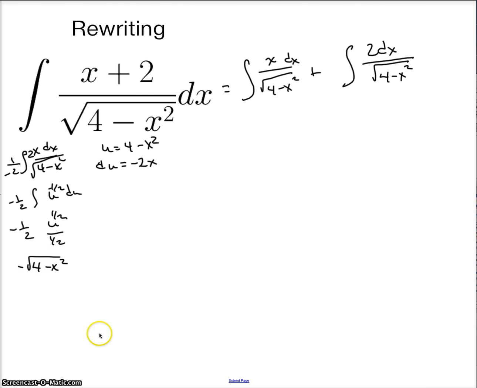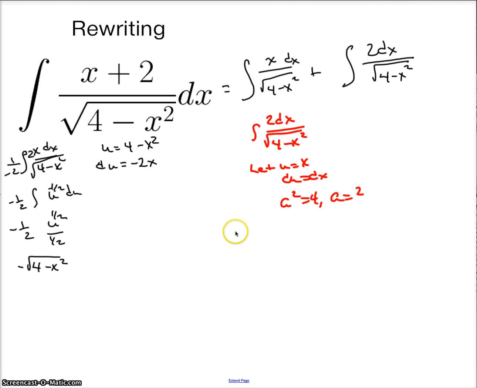Now folks, it's perfectly okay to do one part of this at a time. I'm going to come over here and I'm going to do the second part. So that was the first integral. So now I'm going to integrate 2 dx divided by the square root of 4 minus x squared. Now this one is in the arc sine form. All right, so if I let u equal x, du is dx, and now I'm going to let a squared equal 4, so a is 2.